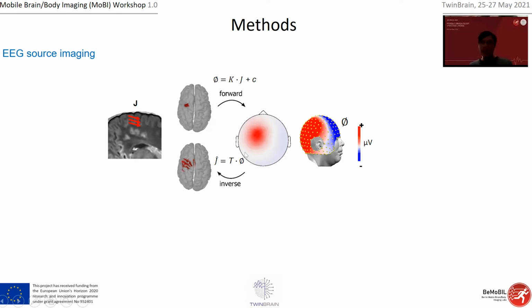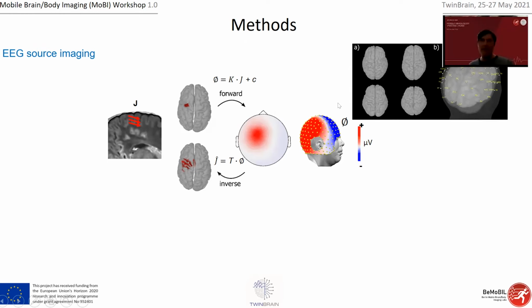That's why it's very important to do the best you can in forward modeling. I described that before. The first task is to co-register your electrode positions with the points in the brain you try to reconstruct your activity for.